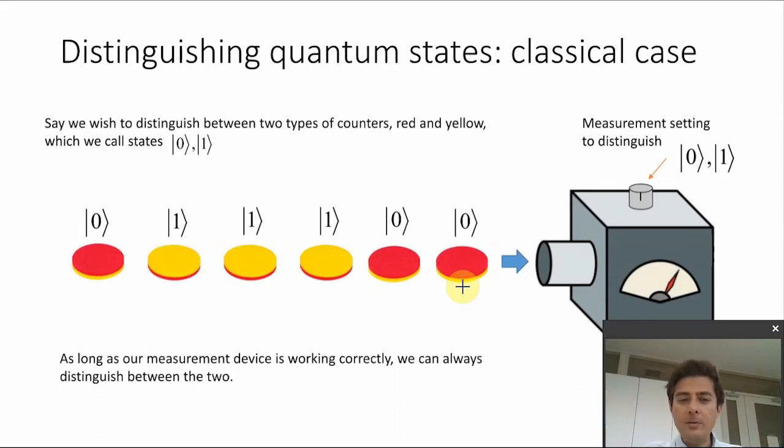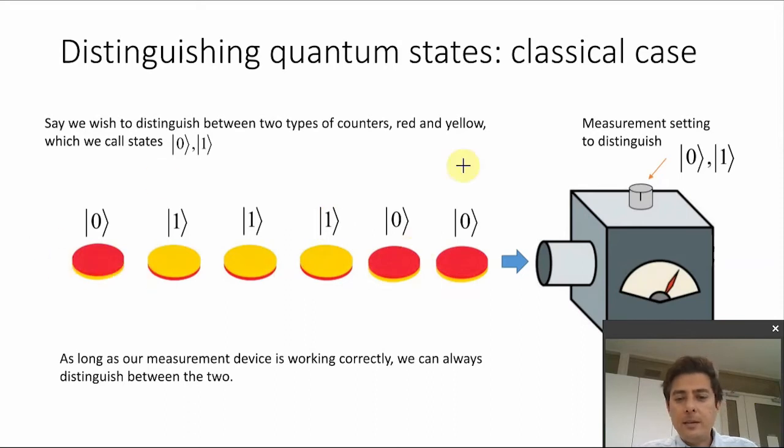The answer is that you can't always, with certainty, work out which state is which. That's a peculiar aspect of quantum mechanics, and it comes down to the fact that there's randomness in the measurements. So this is what I'm going to talk to you about now. Over the next few slides, I'll tell you why and in what situations this happens.